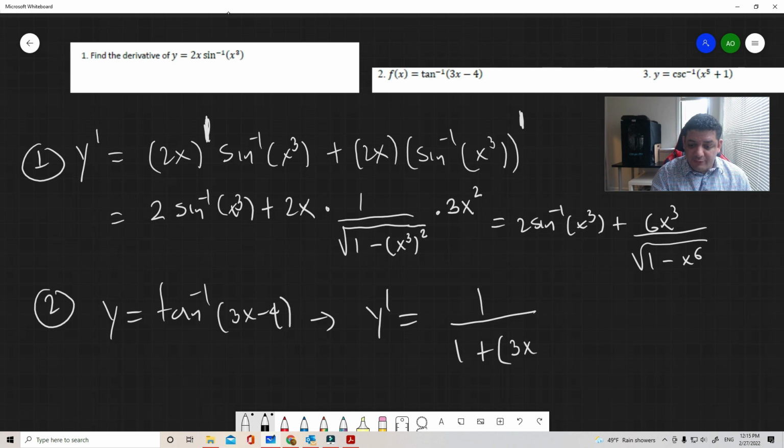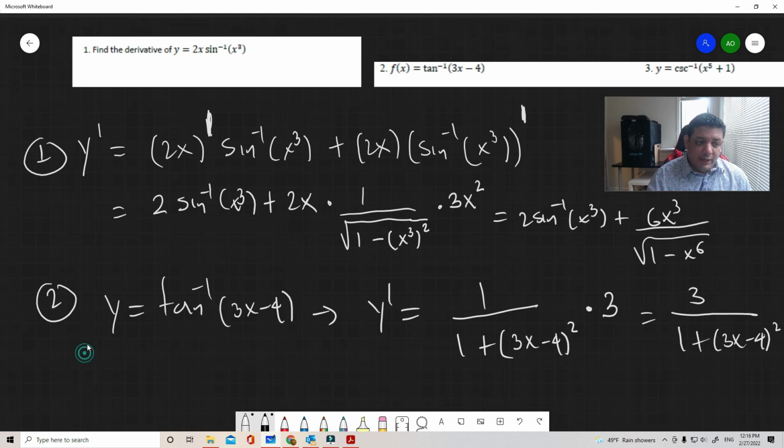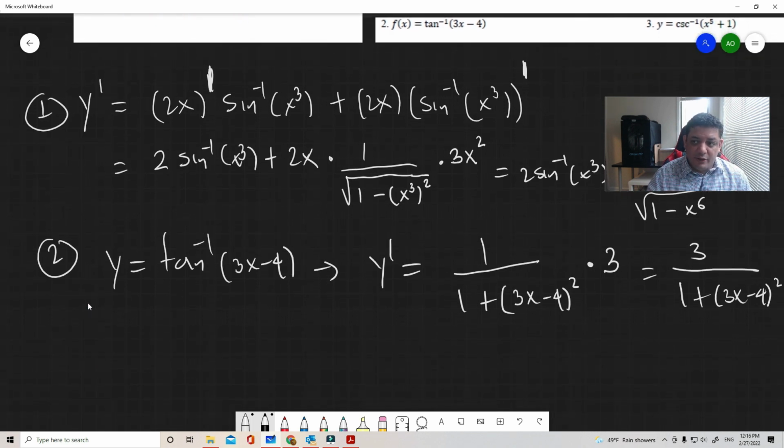So 3x minus 4 squared, times the derivative of 3x minus 4, which is going to be 3. Okay, there's not a lot of simplification that you can do in there. You can just, if you want, leave the 3 in there, and that's going to give you this. But otherwise, there's not a lot more in there.